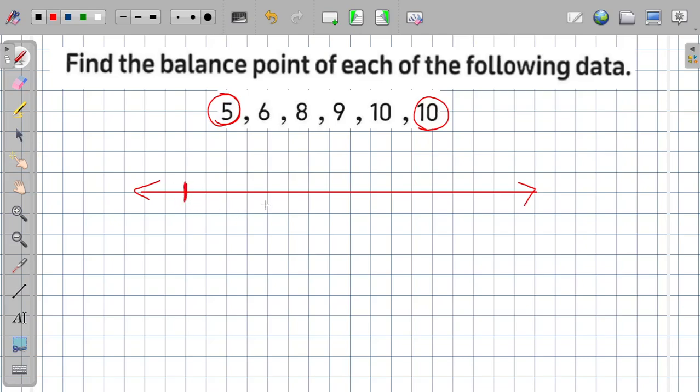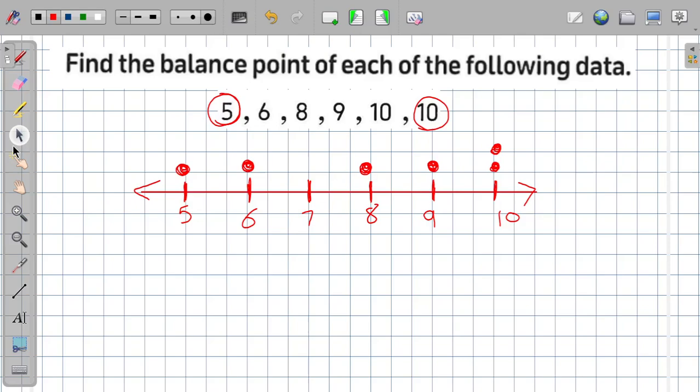Okay, so I have 5, 6, 7, 8, 9, and 10. First I have one dot at 5, one dot at 6, one dot at 8, one dot at 9, and two dots at 10, like this.